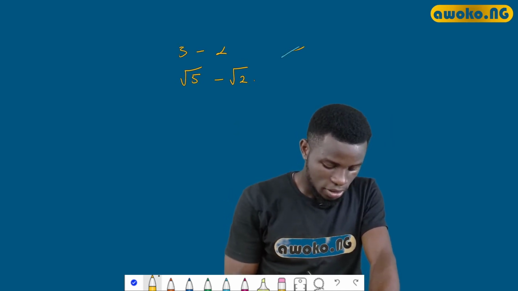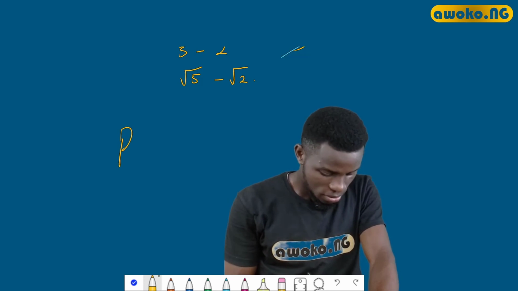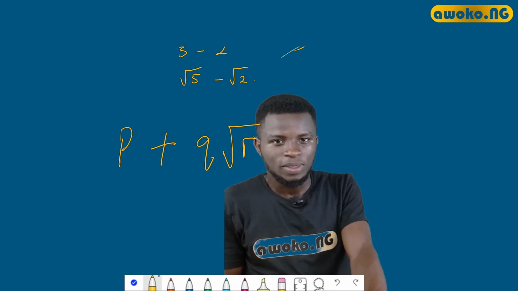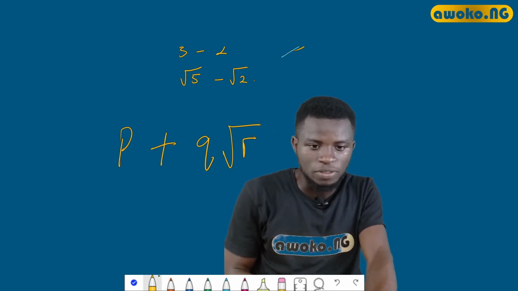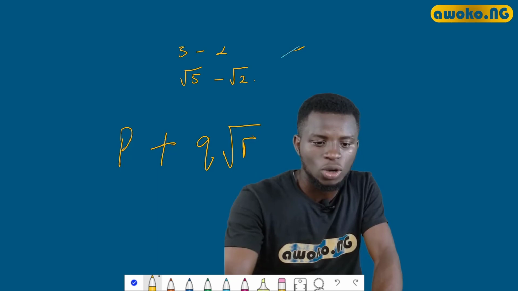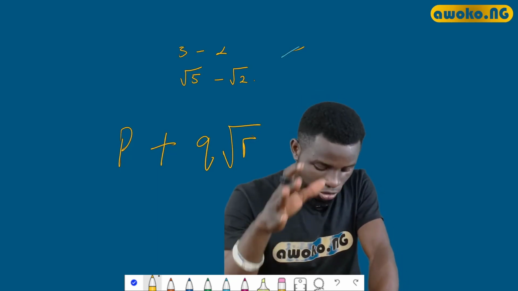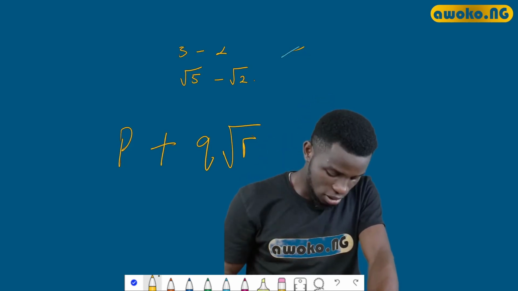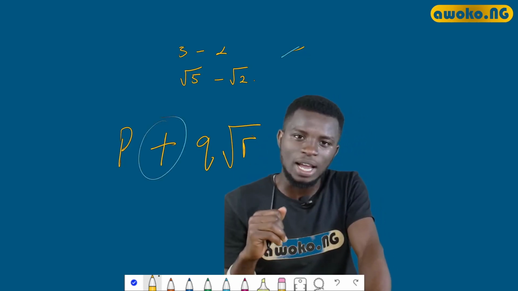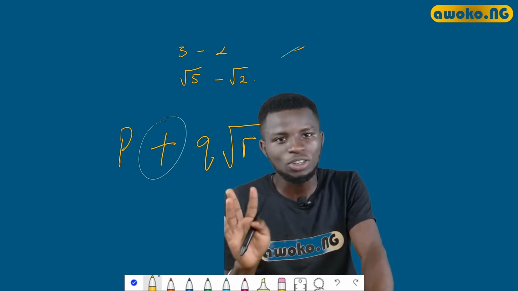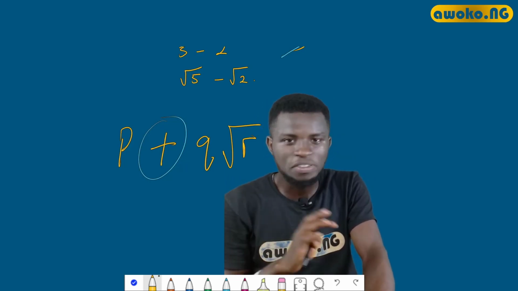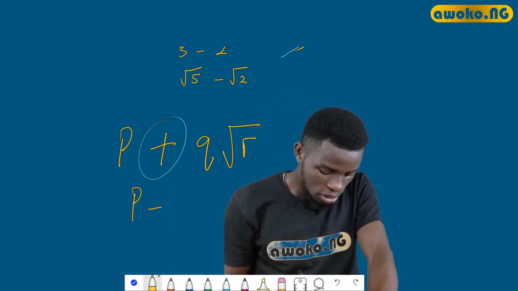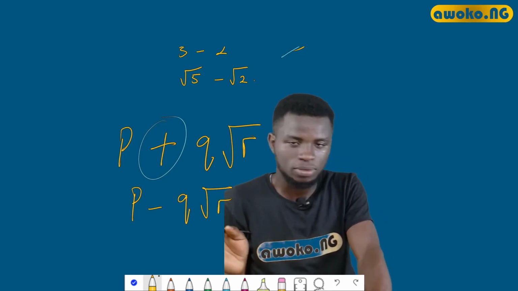If I have P plus Q root R, and I'm asked to find the conjugate of this, my major focus is to change this addition sign to subtraction. That's just the conjugate. Everything remains the same. So the conjugate of P plus Q root R is P minus Q root R.